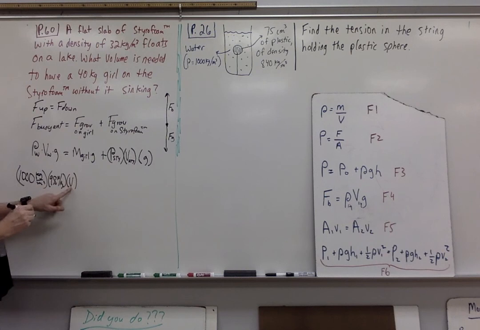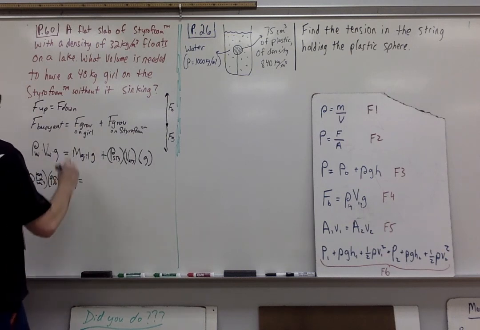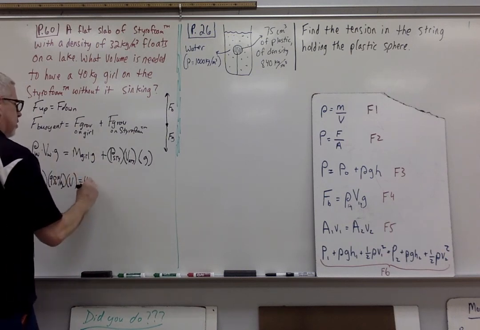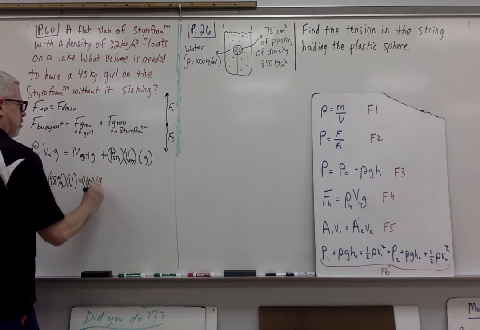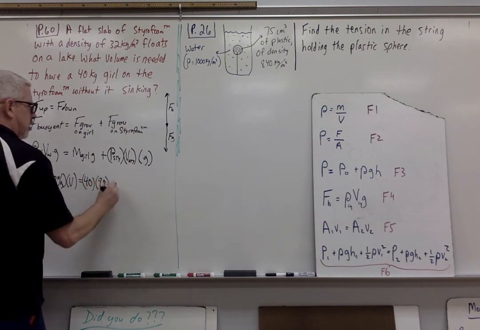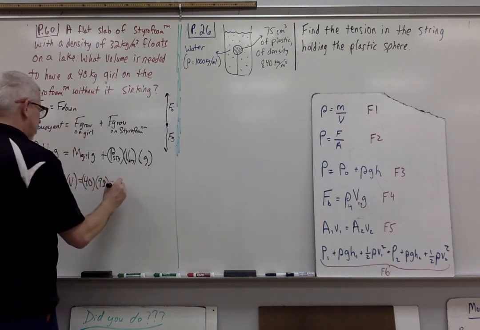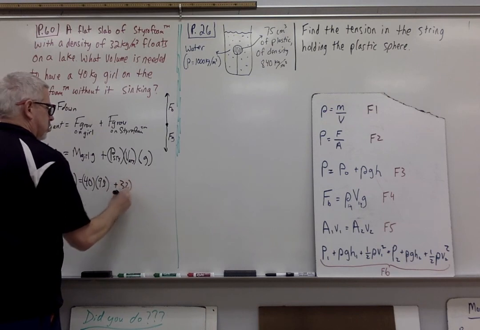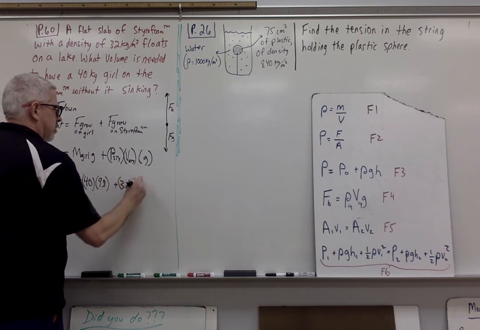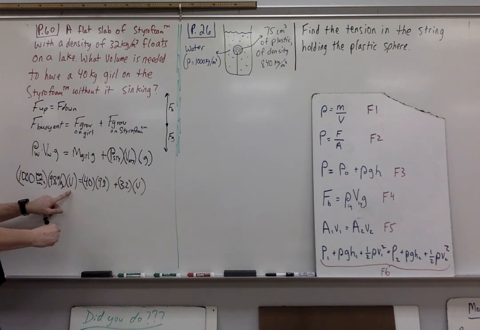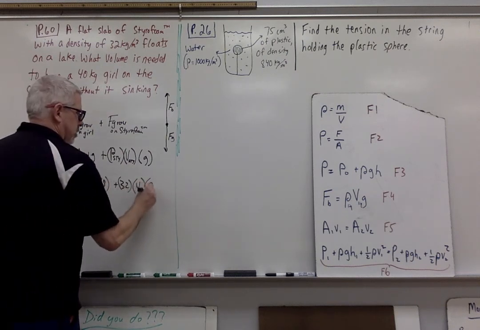It really is going to be one volume, so I'll do that. Her mass was 40 kilograms, times 9.8, plus the density of styrofoam, which is 32, times that same volume, times 9.8.